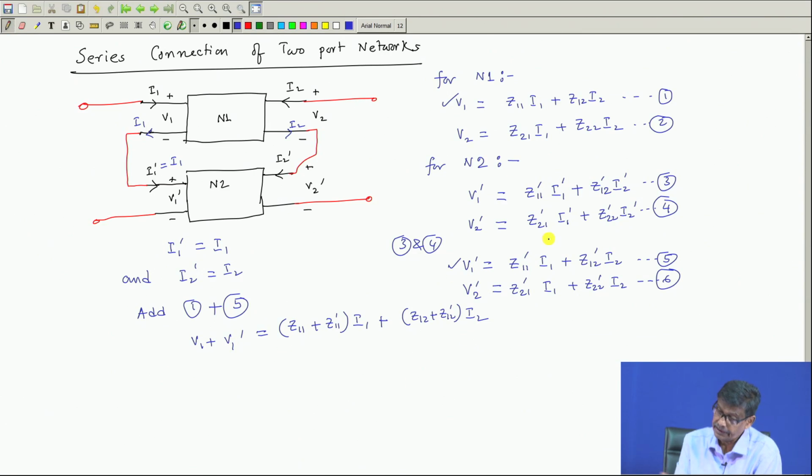Similarly, you add 1 plus 5, I have added. Now, I will add 2 plus 6.